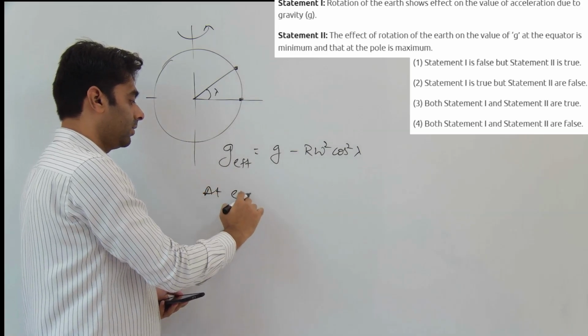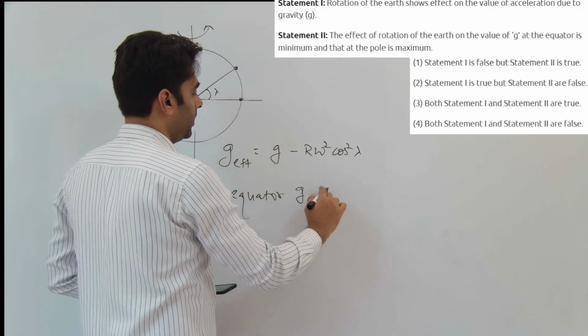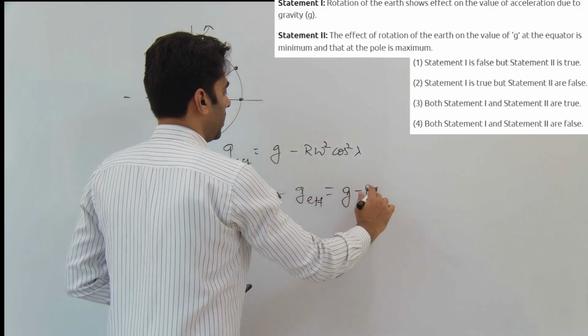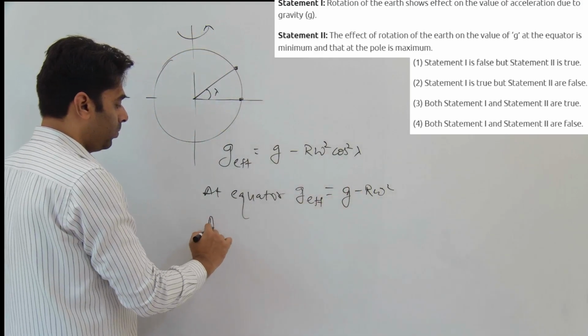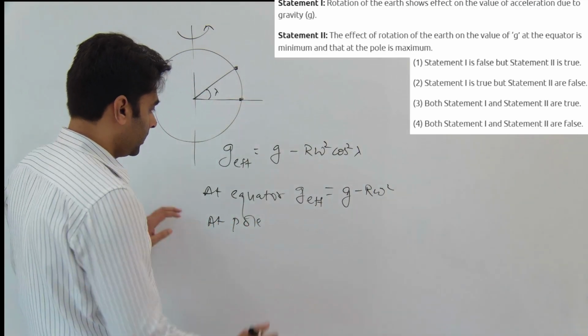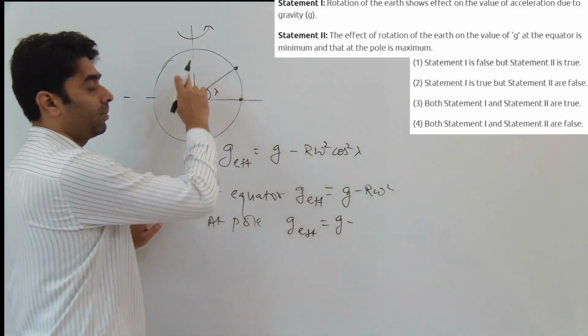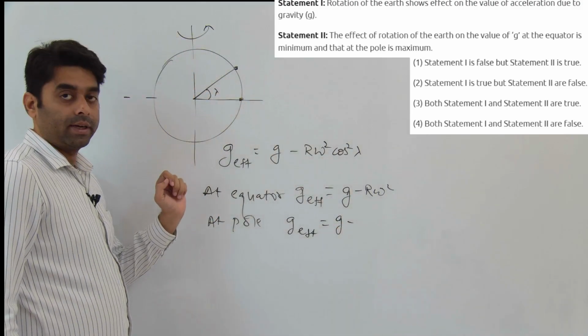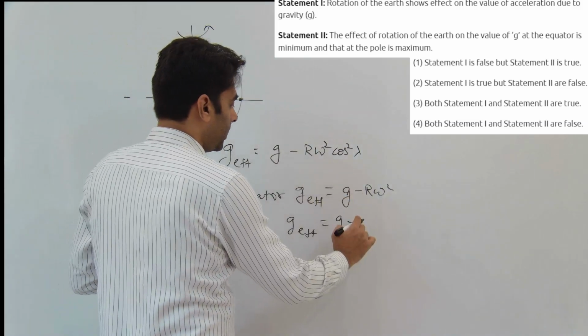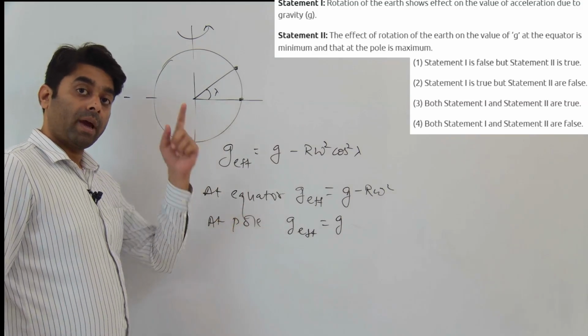At the equator, g effective will be g minus R omega square. Whereas at the pole, lambda is 90, so cos 90 is 0. That implies it becomes g minus 0, so that is g only.